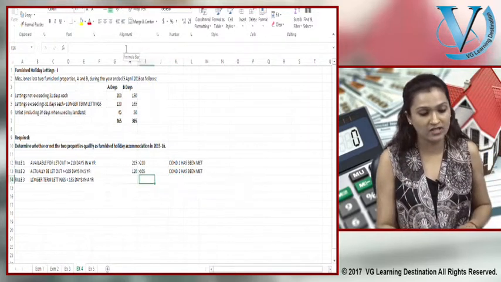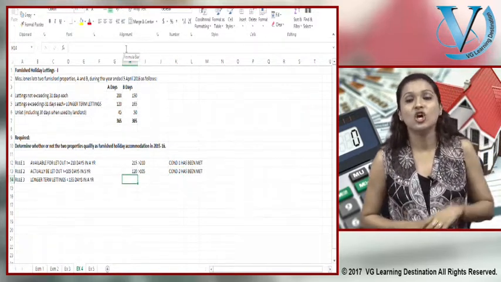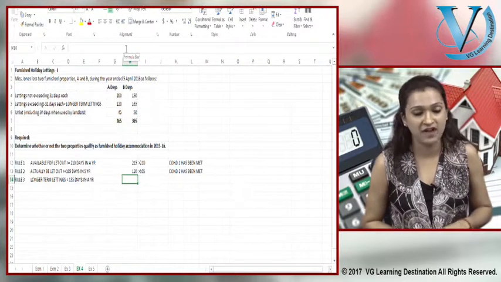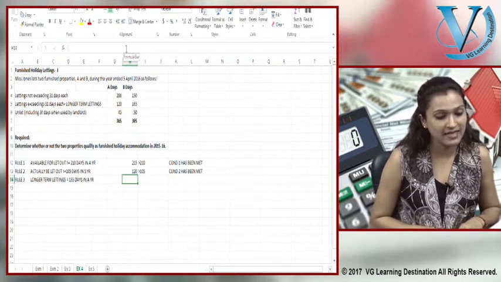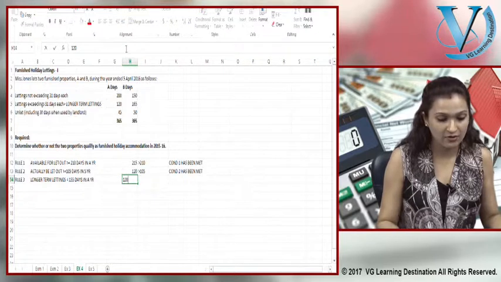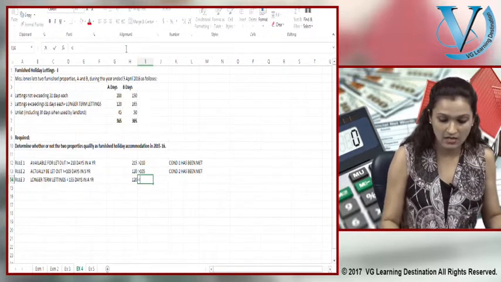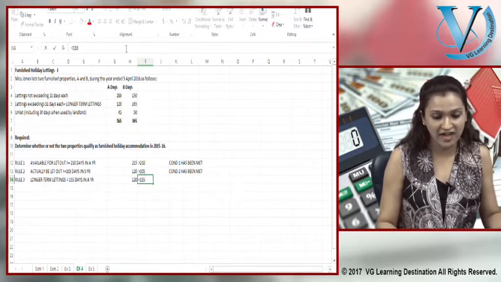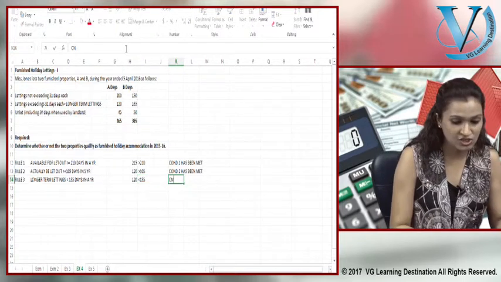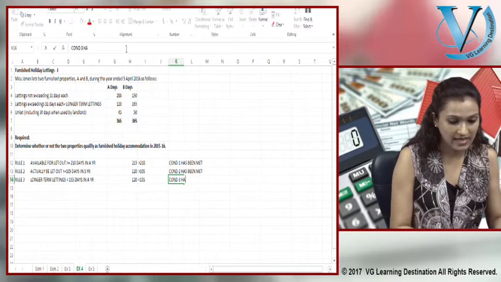Now let's move on to condition number 3. Longer term lettings should be less than 155 days. Here the longer term lettings have been told to us as 120 days, which is less than the required 155 days. So definitely condition 3 has also been met.